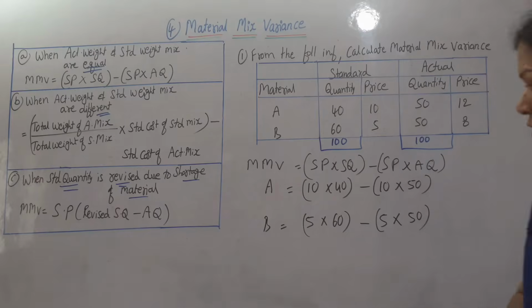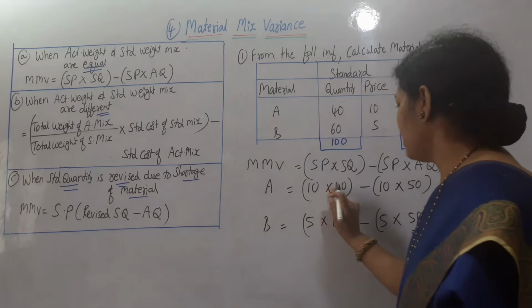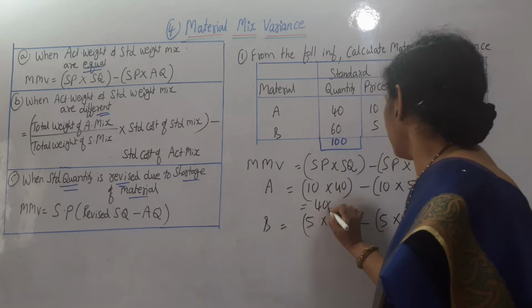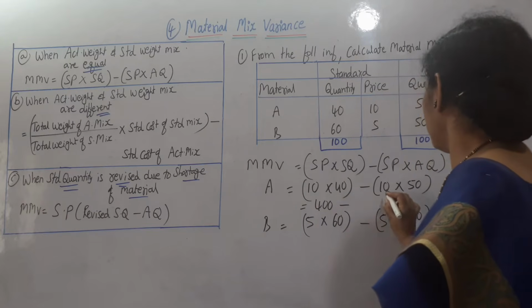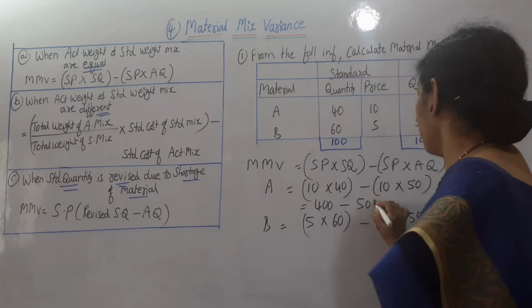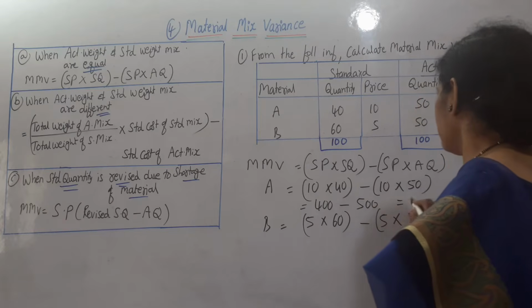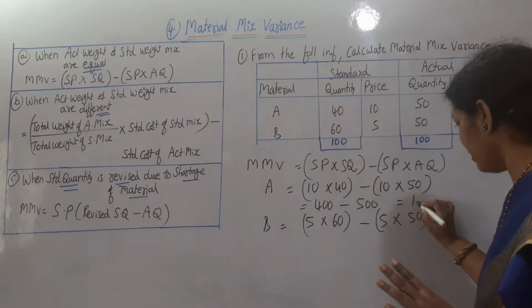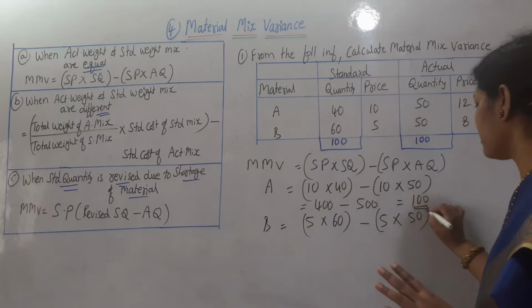We'll do the calculations. 10 into 40 is 400, minus 500. So the answer here is minus 100. We'll write 100 only, but adverse.